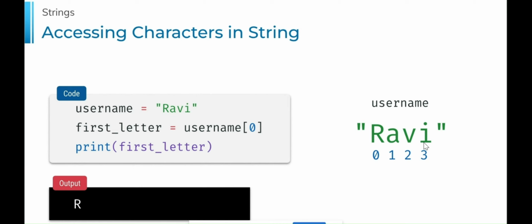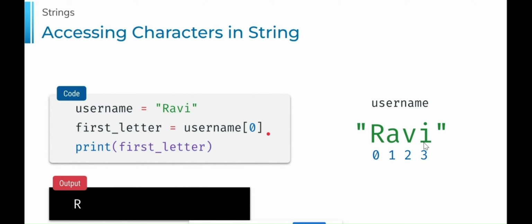Username is equal to Ravi. To find the first letter, we write username with square bracket 0, and the first letter R is printed.